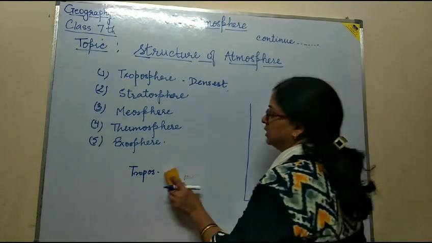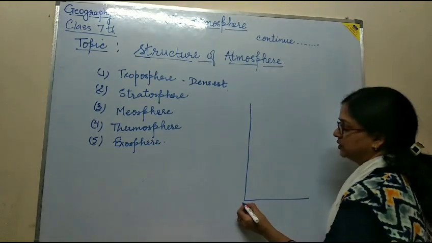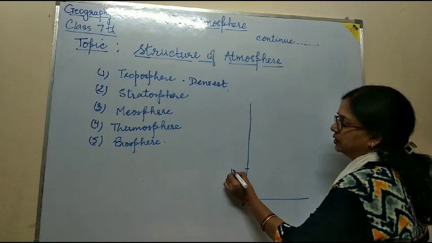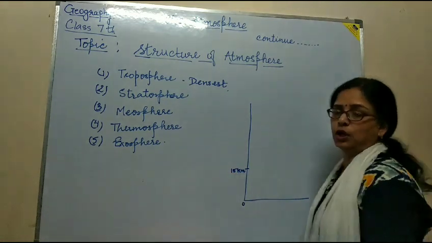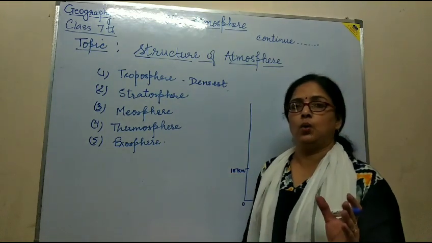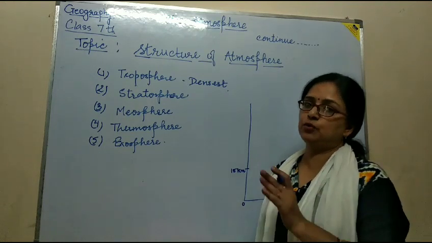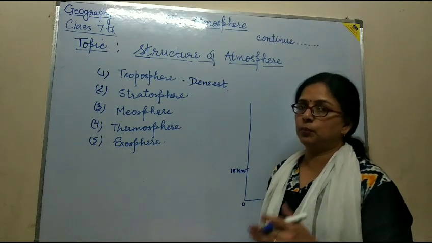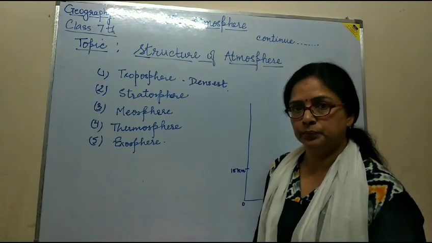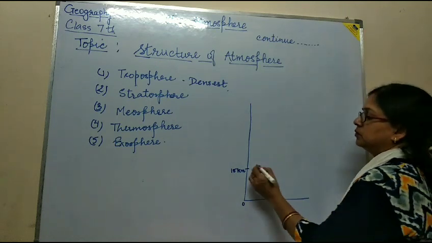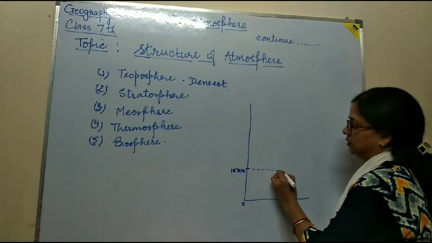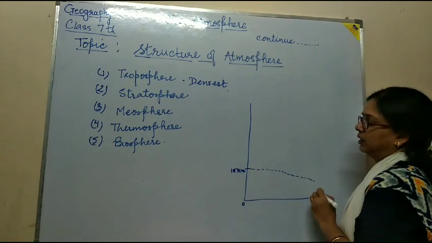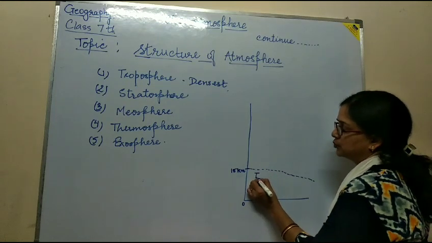This layer extends from the earth's surface up to 6 to 15 kilometers. The height varies from place to place and from season to season. In normal conditions, it is 8 kilometers at the poles and 16 kilometers at the equator. This is the troposphere.